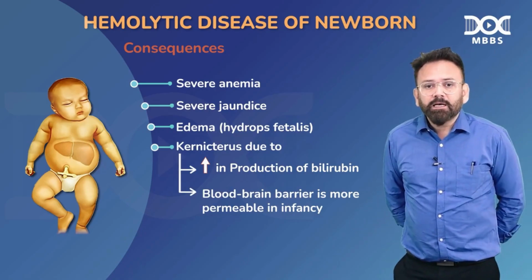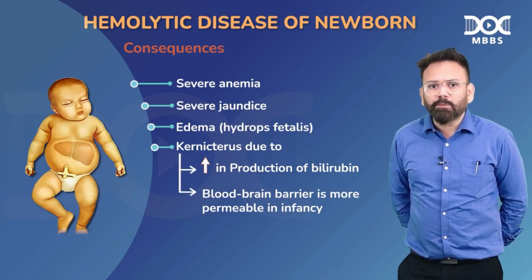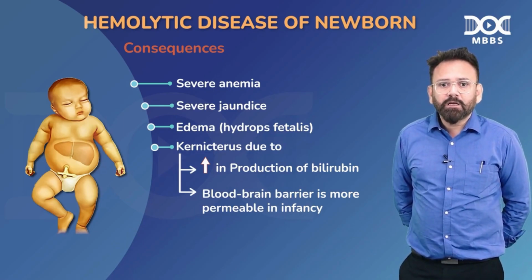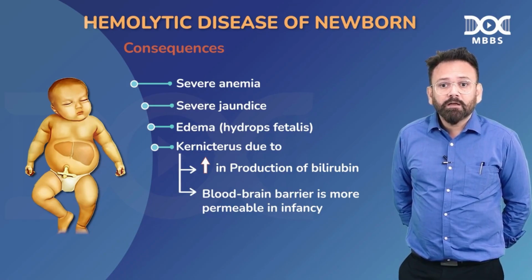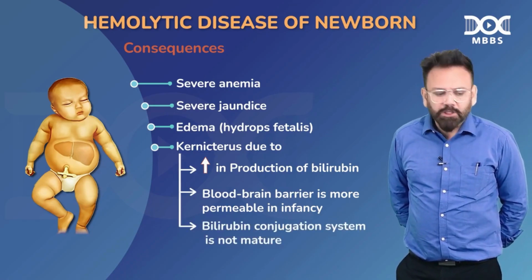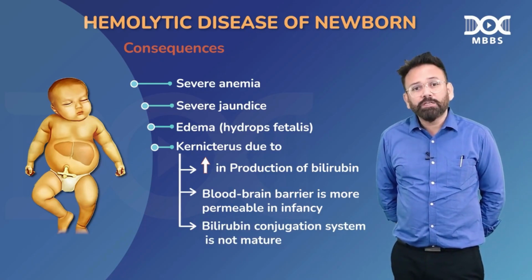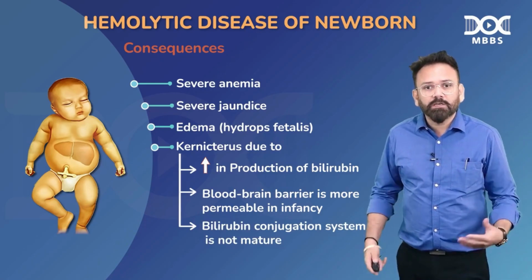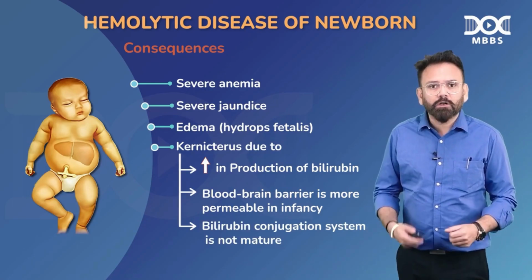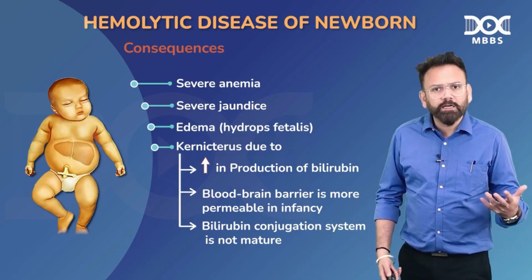The main reasons that the concentration of unconjugated bilirubin is very high in this condition are that production is increased because of hemolysis, and the bilirubin conjugating system is not mature yet. So, they can also have kernicterus.